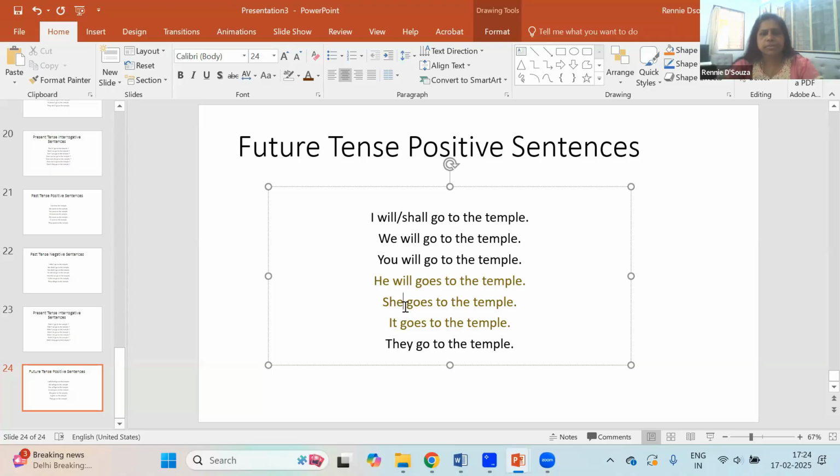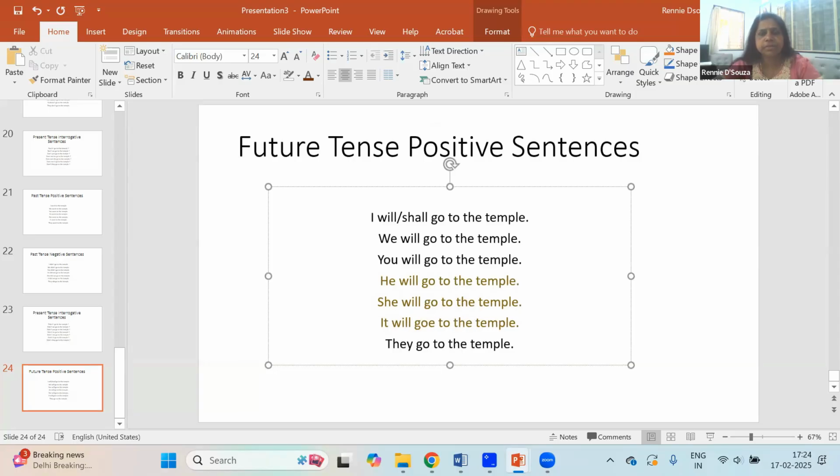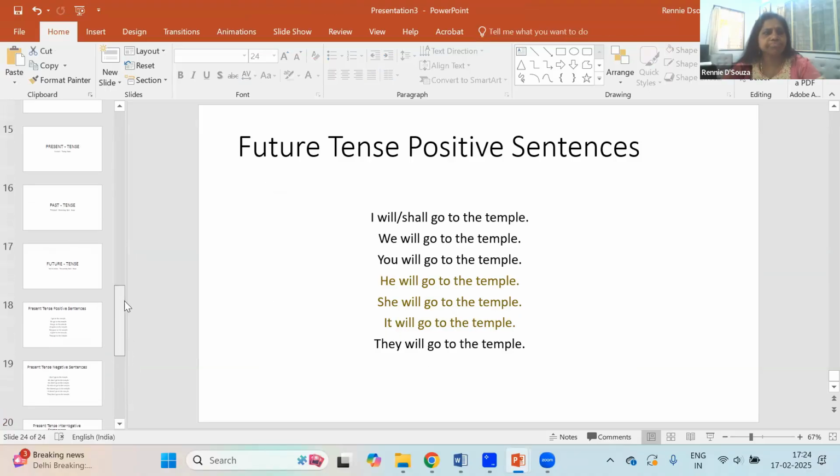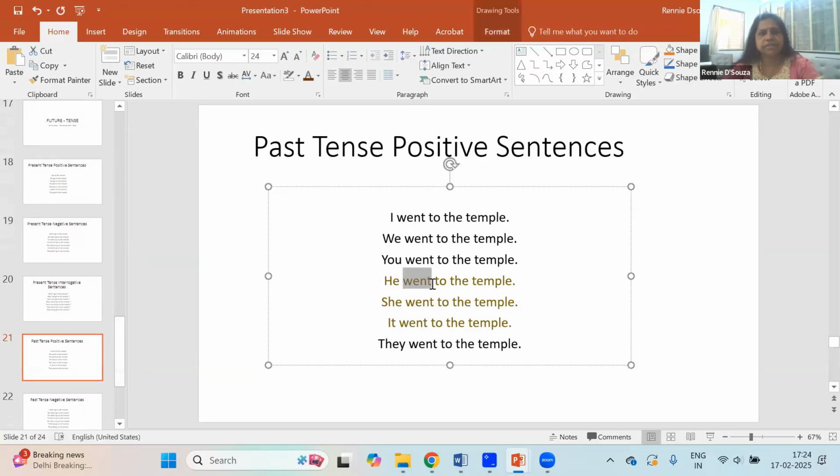So we add will here irrespective of everything, like I will, I shall we can use, we will, you will, she will, he will, it will and they will go to the temple. Whereas you can see here, go is only go, not goes. Goes comes only for the present tense, positive sentence. But for past tense and future tense, we will not have goes. Right?